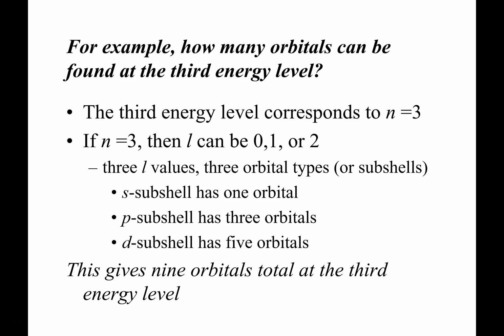So check this out: n squared, n raised to the second power. 3 squared is 9, 2 squared is 4, 4 squared is 16. That'll work for you, kind of a shortcut. Shortcuts are good. That's the number of boxes or orbitals.